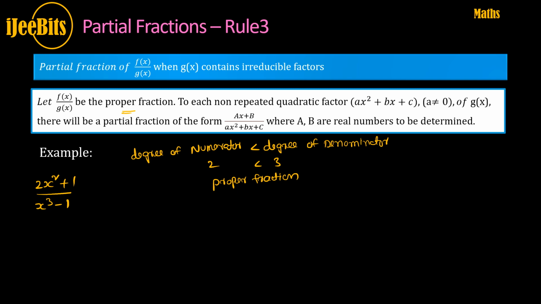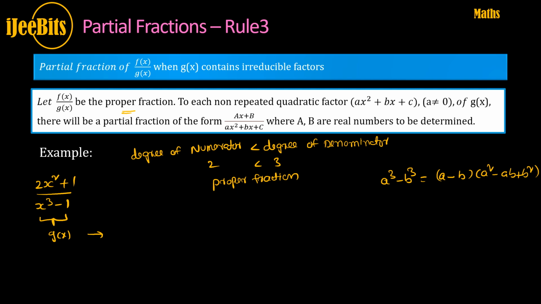Next, for this g of x, correct, we have to find out the factors. X cube minus 1 looks like a cube minus b cube. How do you solve this problem? a minus b into a square plus ab plus b square.